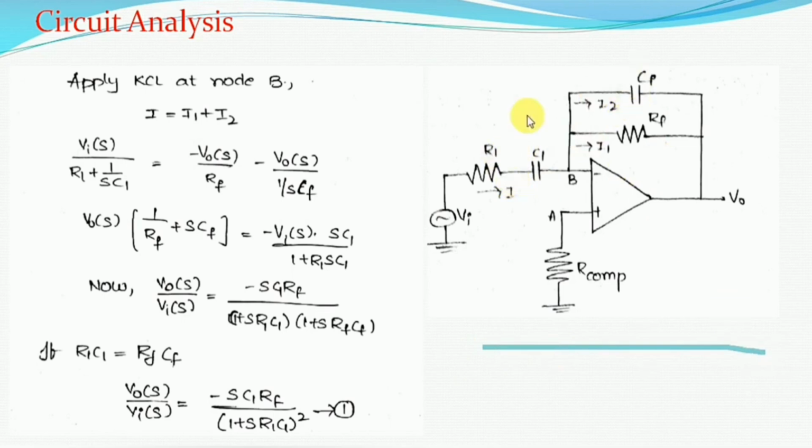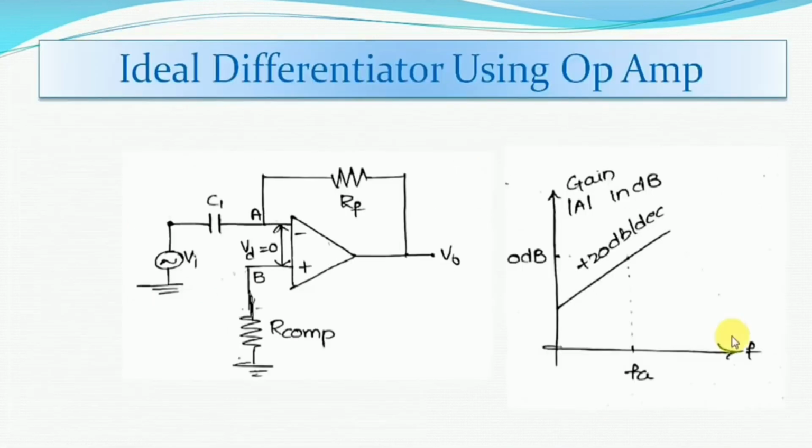Now why are these two components added? In the ideal differentiator circuit, as the frequency increases, the gain of the circuit goes on increasing.